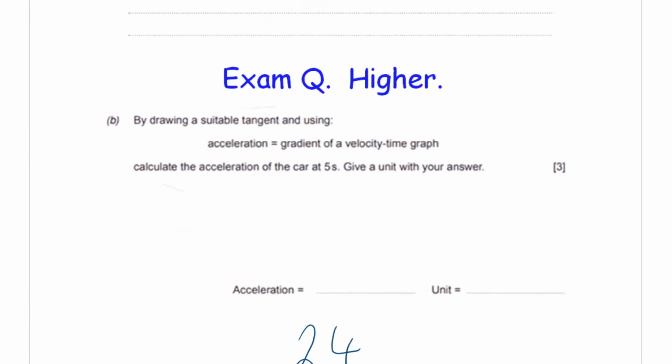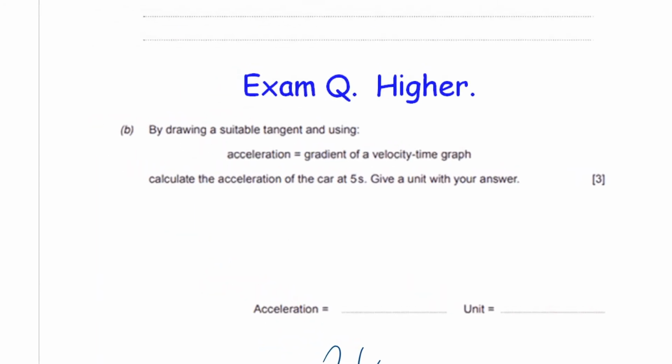It does ask by drawing a suitable tangent and using acceleration equals gradient of a velocity time graph. Now, I'll give you a bit of help on this one. It's asking to calculate the acceleration at 5 seconds.